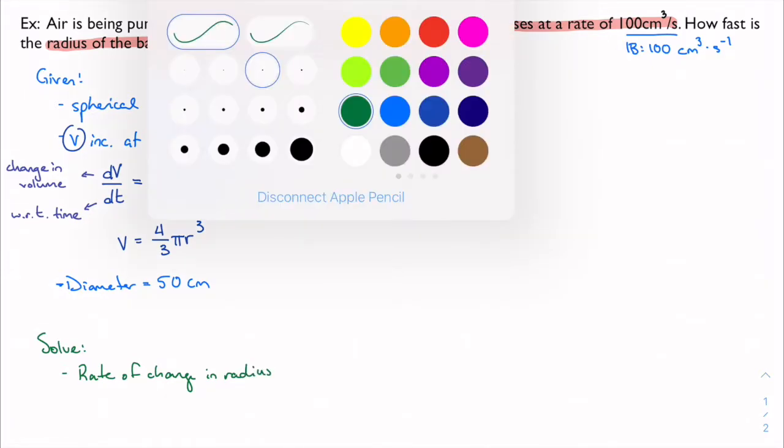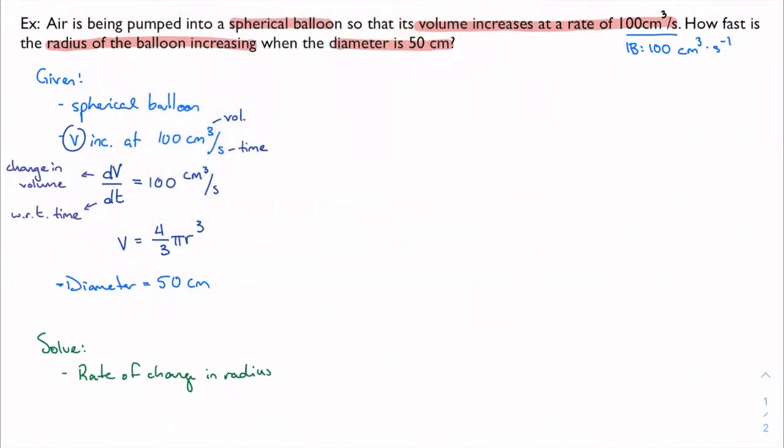So actually, we're going to work this backwards. Let's put that into calculus terms first. So this is the change in radius with respect to time, dr by dt.